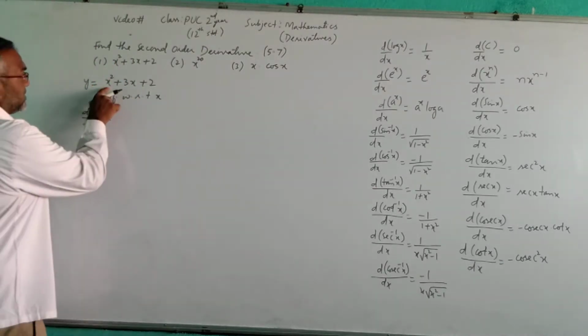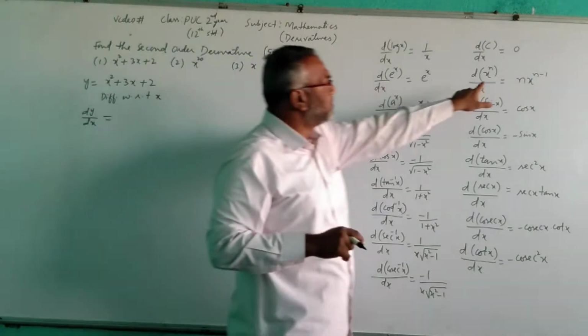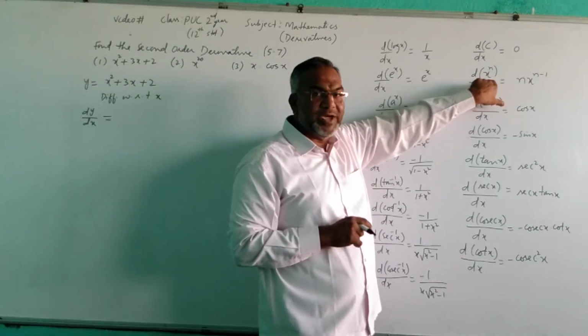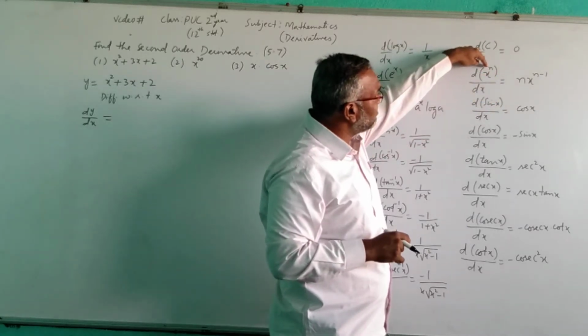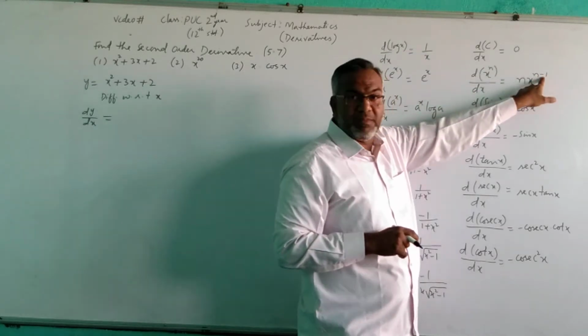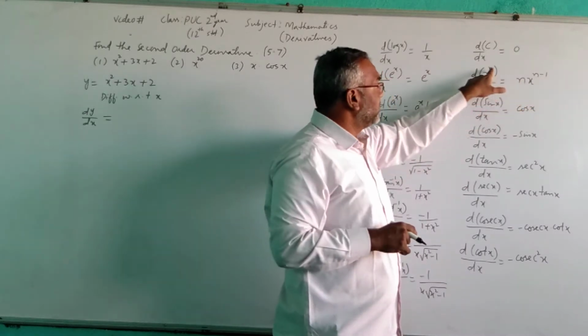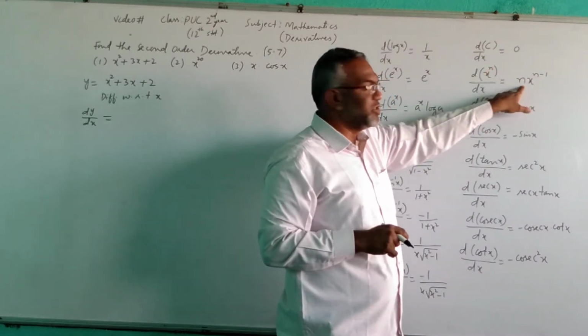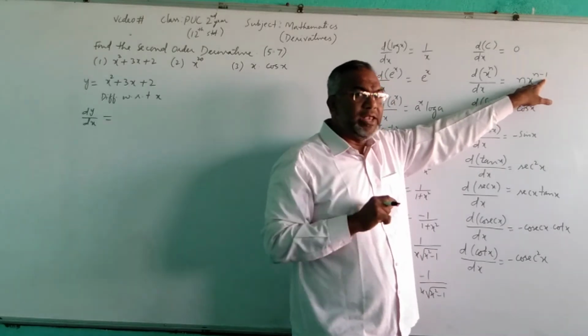Now, differentiate x square, which is same as x raised to n, x to the power of some number. What happens in this case? This n must multiply here, and we have to make one less in the power. Power will multiply with the coefficient and power will be decreased by 1.